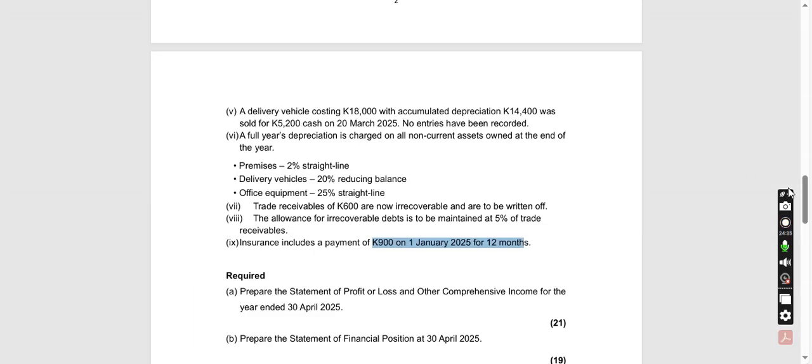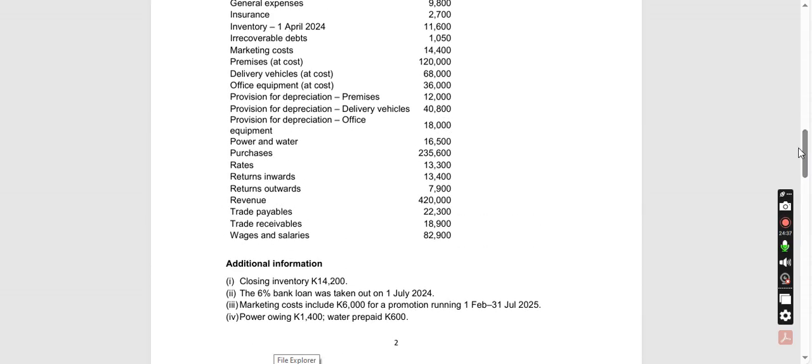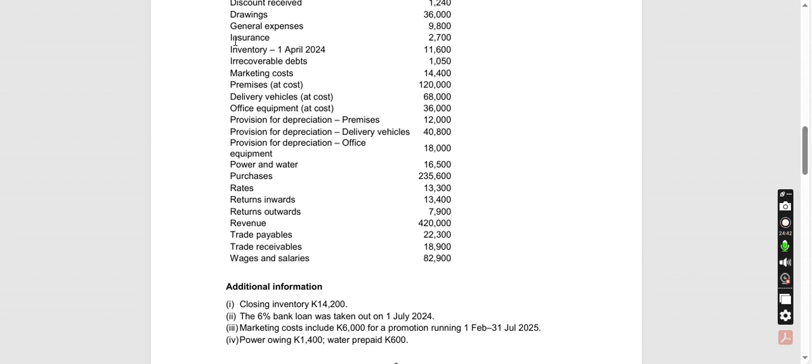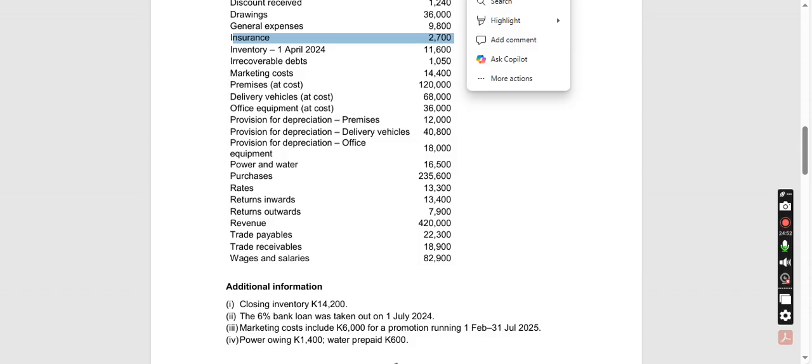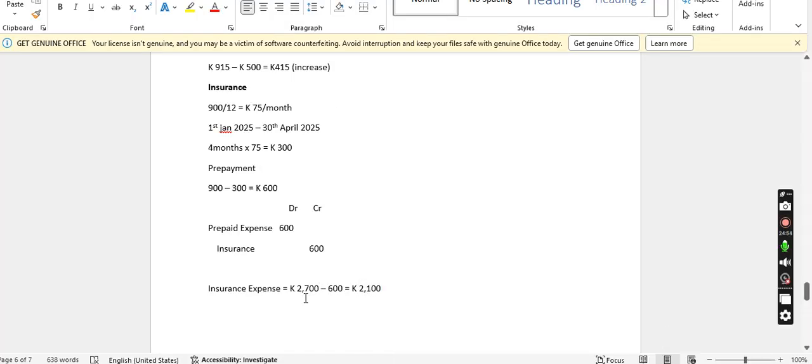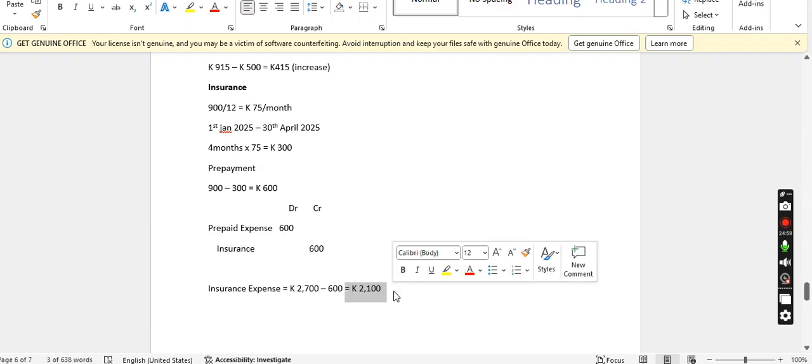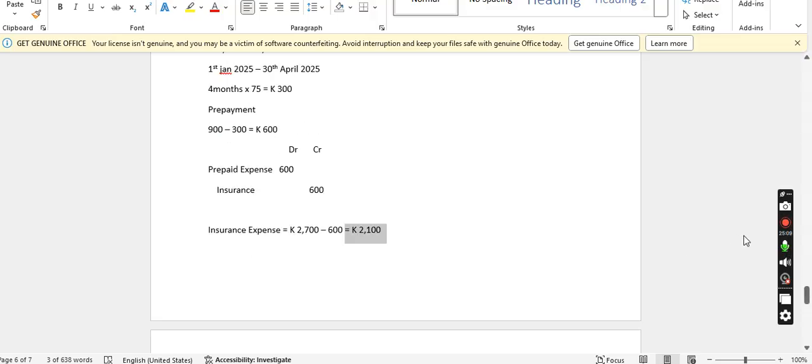According to our information here, insurance is 2,700. So we need to remove the prepayment which is in here, because we're only interested in the expenses for this year. So 2,700 minus 600, you get 2,100 kwacha. Alright. So those are the adjustments that you need to do.